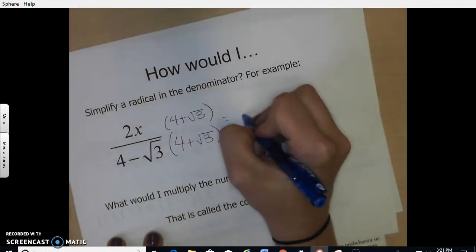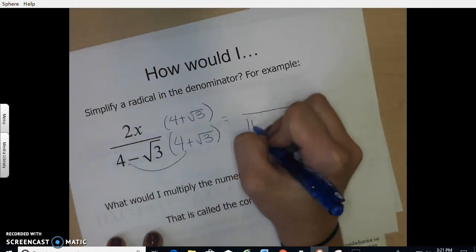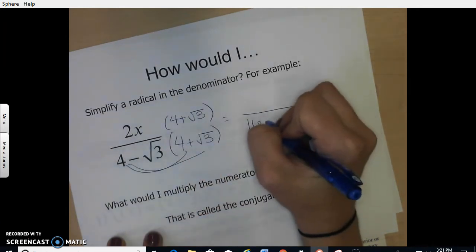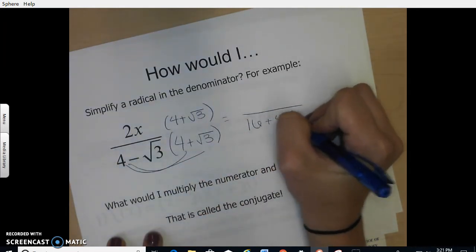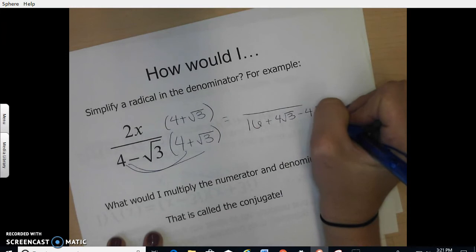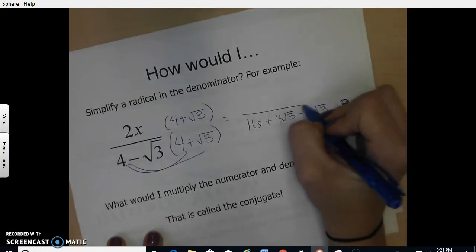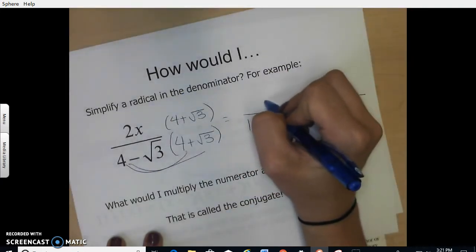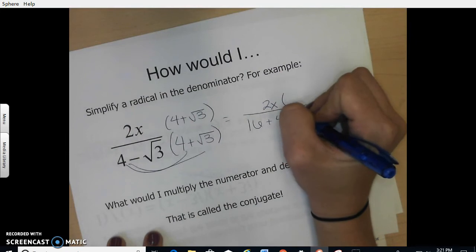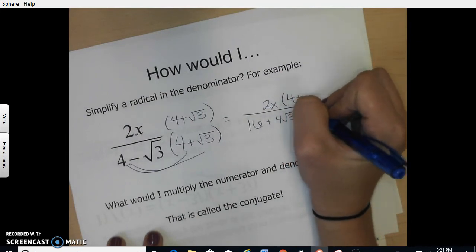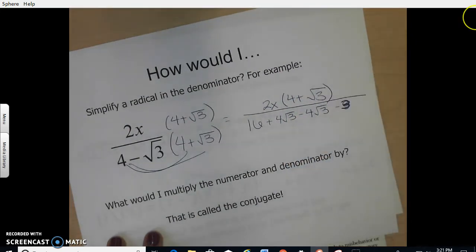So when I multiply that out, I get 16 plus 4 root 3 minus 4 root 3 minus 3, all over, 2x times 4 plus root 3 in my numerator.